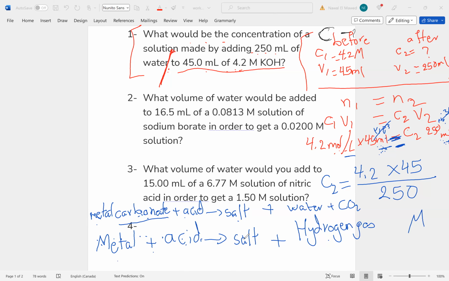Metal plus acid will give me salt plus hydrogen. Example, zinc plus HCl will give me zinc chloride plus hydrogen gas. Please write this.